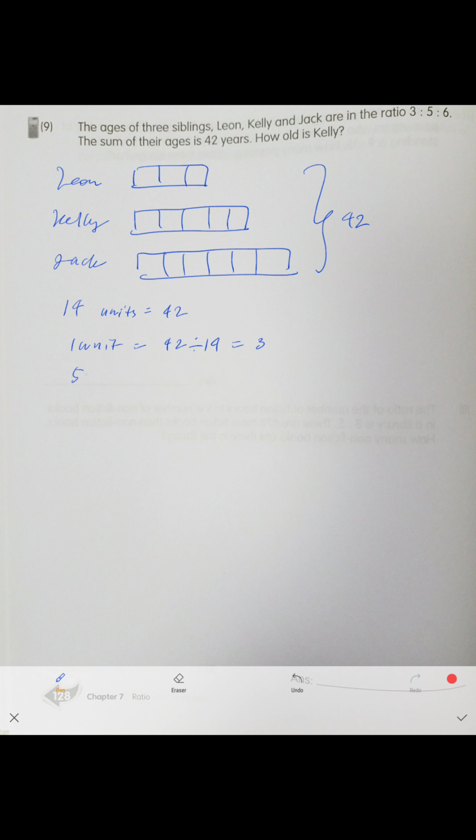So 5 units, this is our Kelly. 5 units is equal to 5 times 3, 15. That's your answer. Kelly is 15 years old, and you write 15.